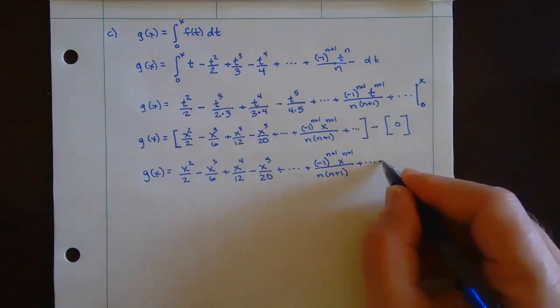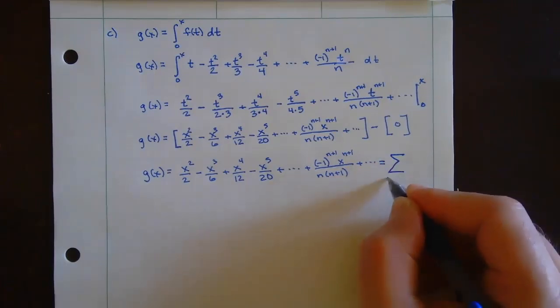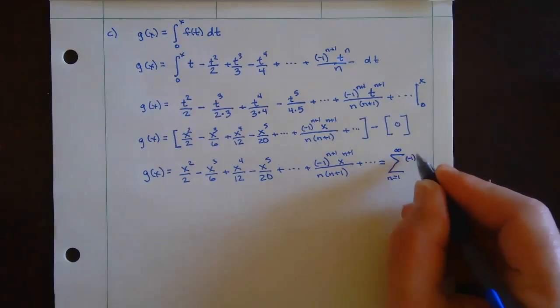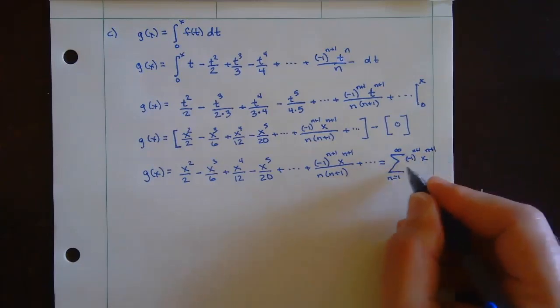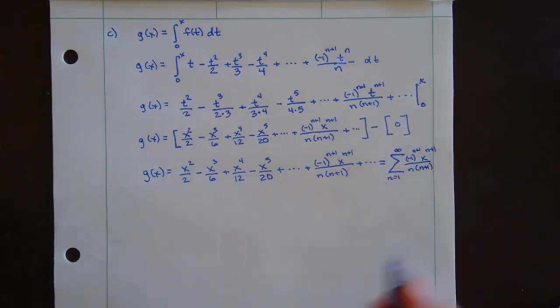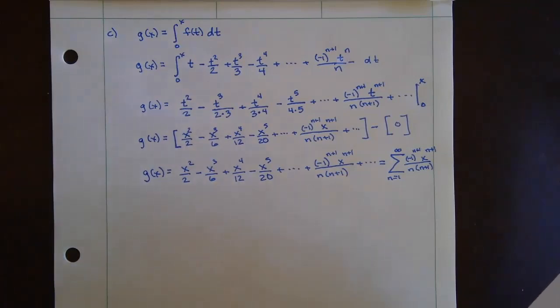And in sigma notation, this would equal the sigma, n equals 1 to infinity, of negative 1 to the n plus 1, x to the n plus 1 over n times n plus 1. You just have to tag on the sigma notation to this, and you'd have the series. All right, I think that's it for C. I think that's all we need to do: write the first 4 non-zero terms in the general term of the Maclaurin series.